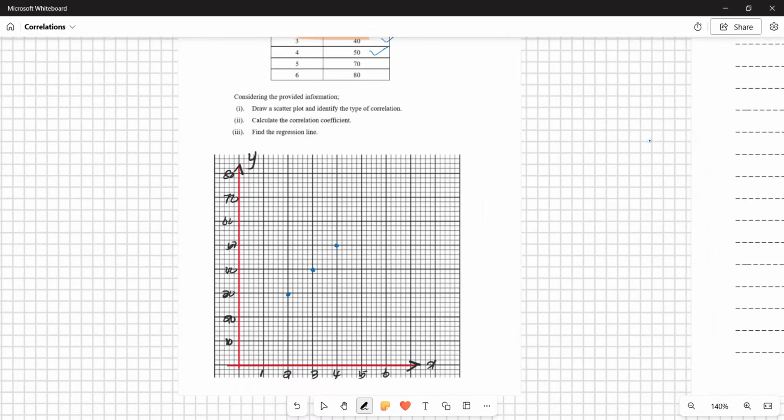This is okay. X5, Y70, somewhere here. X6, Y80. Don't join the points. If you connect them, it will be a line graph. You were asked to draw a scatter plot.